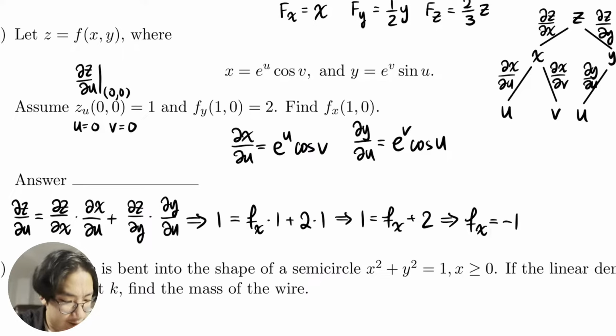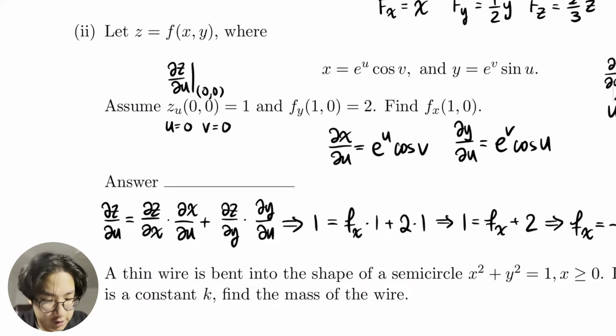Sorry, in this case we have 0 and 0 here. This would be 1. Here we have e to the 0 times sine of 0. Sine of 0 is obviously 0, so this entire thing is also 0, which is where this 1, comma 0 comes from. So in this case, your answer here is just negative 1.